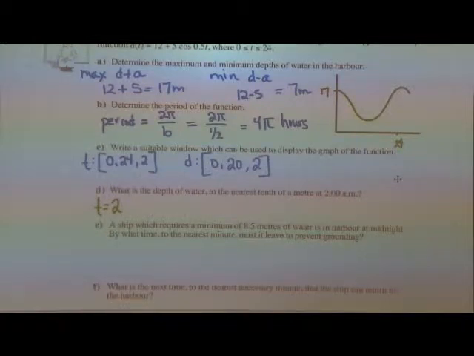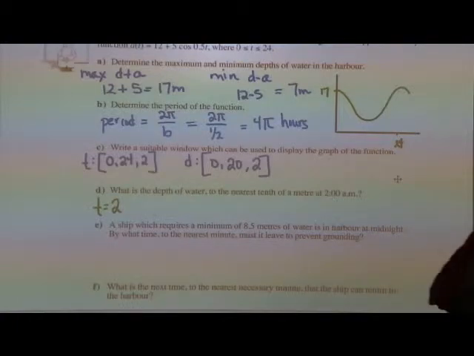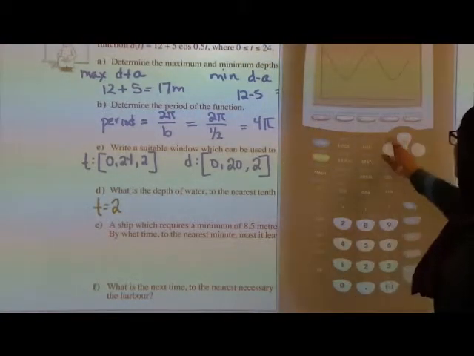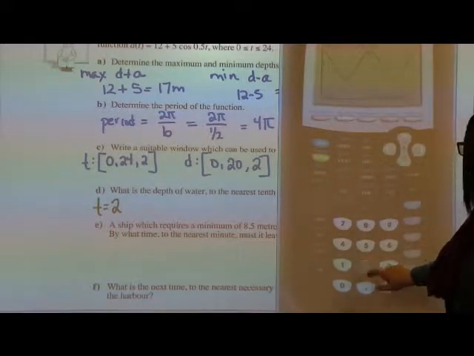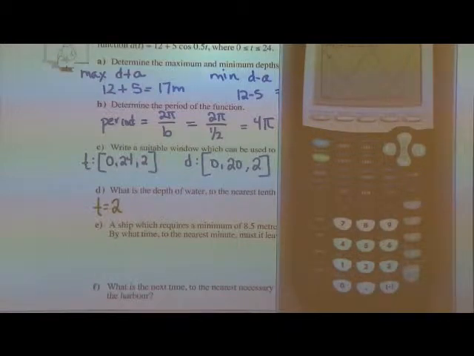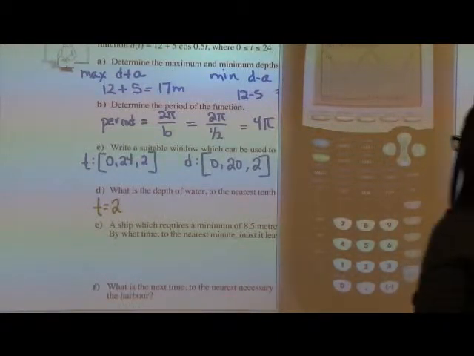Could I use the calculator? Could I use the graph? And how would I use the graph to find that? I could go to my table of values. I could also press trace and 2. And what do I get to the nearest tenth? 14.7.